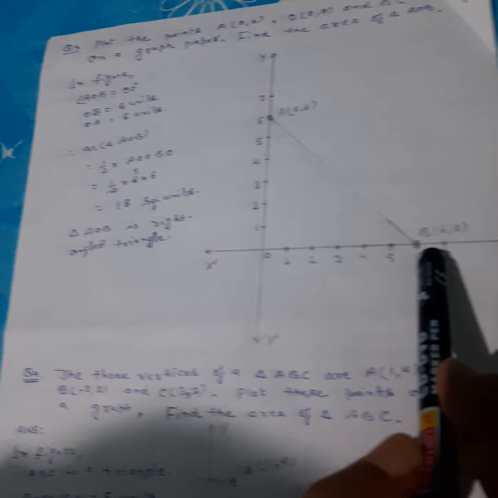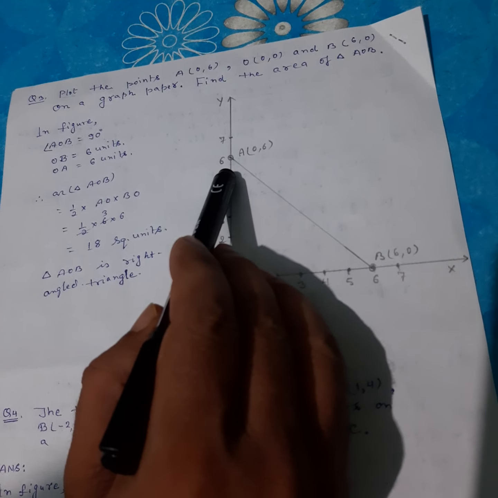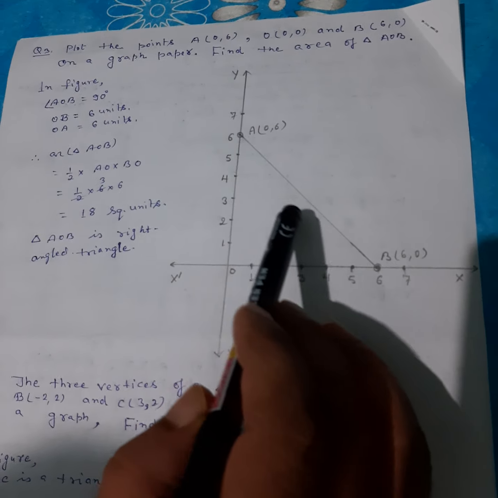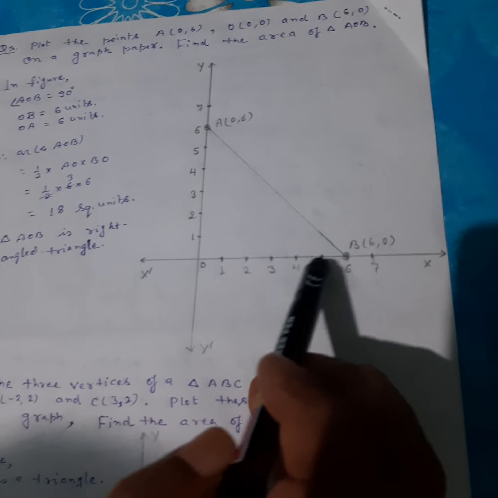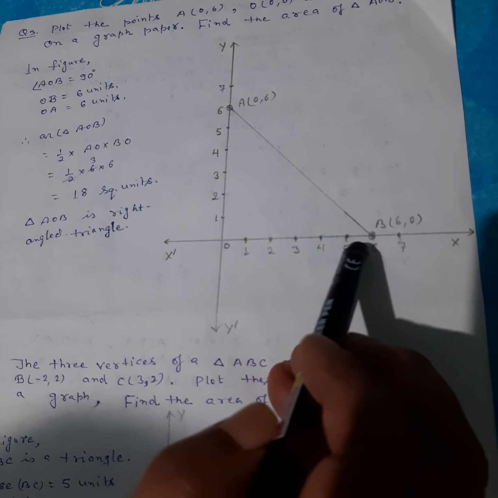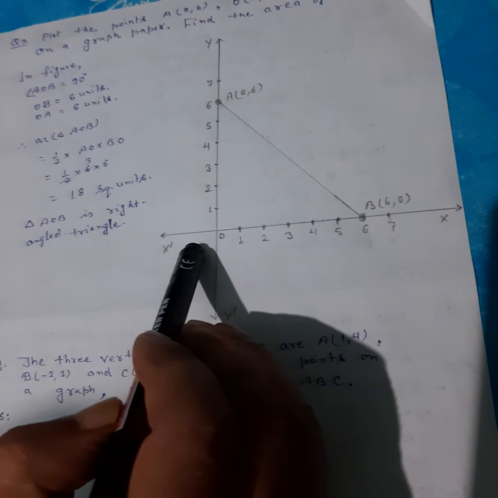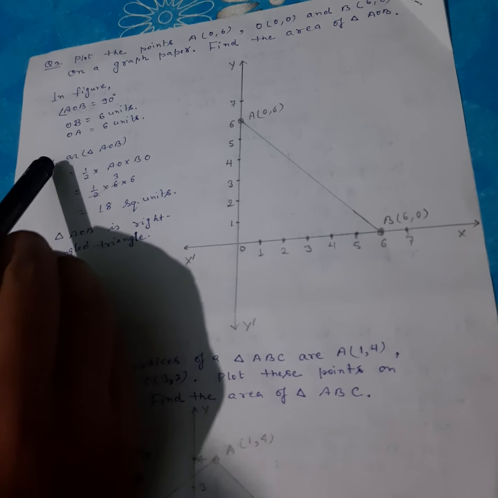Here the coordinate of point B is (6,0) and the coordinate of point A is (0,6). Now by joining A and B we get triangle AOB. Here OB equals 6, OA equals 6, and angle AOB equals 90 degrees.